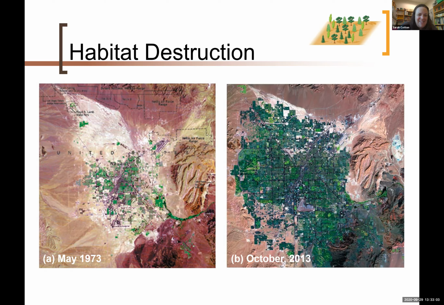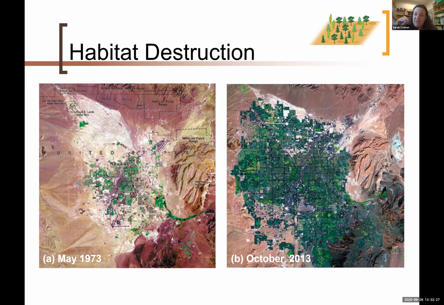In the 70s and before, there was nothing around Las Vegas. It was like the Strip, a couple little things around there, but there was nothing there, right? Because it's smack in the middle of the desert.